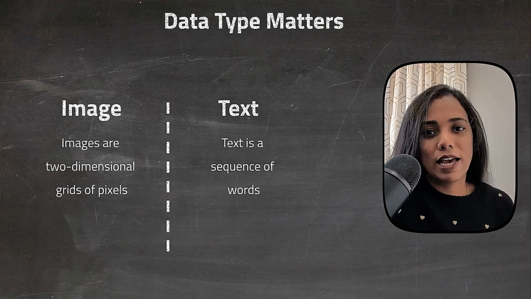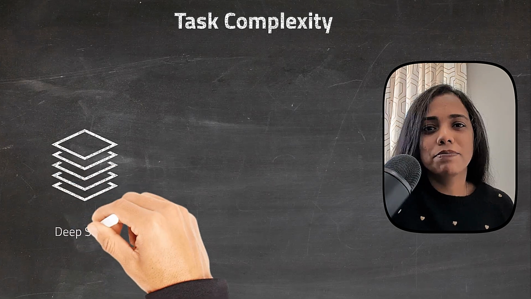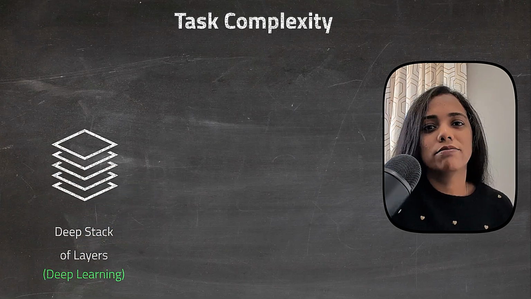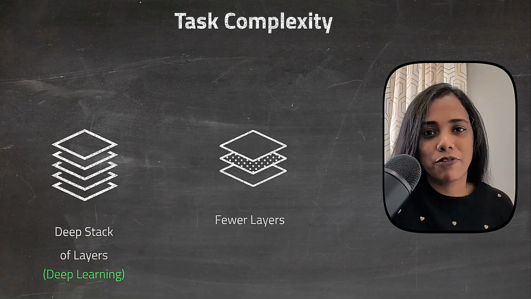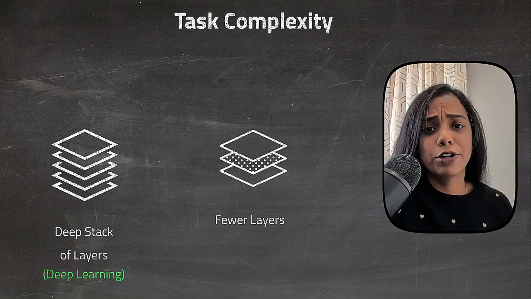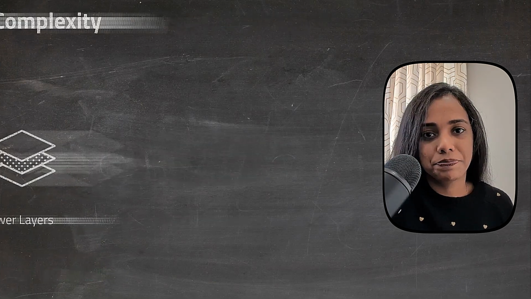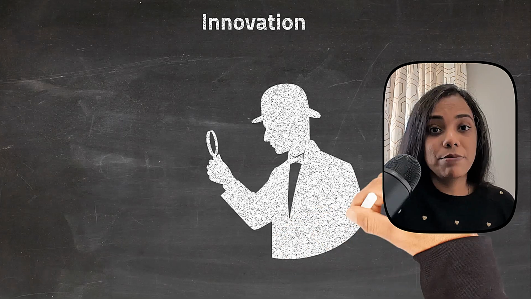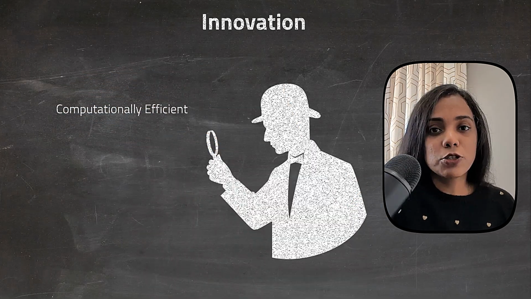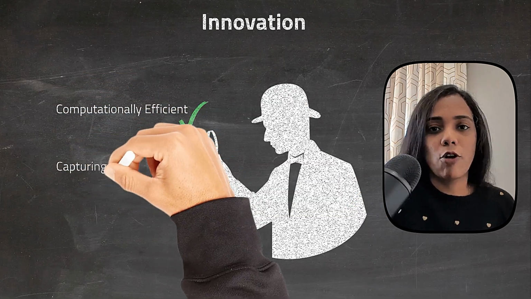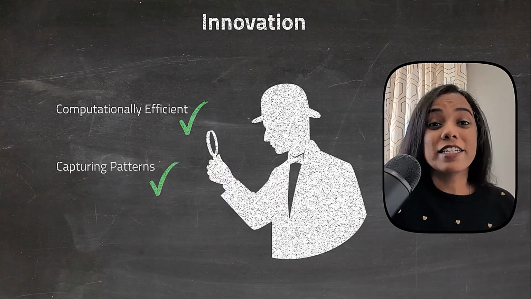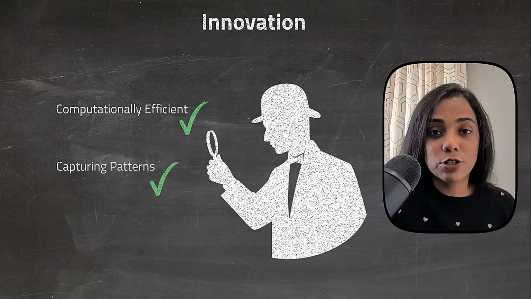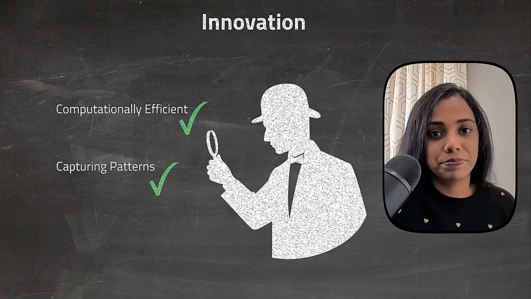And then there is also task complexity, right? Some tasks require a certain type of architecture in order to do a good job, while other tasks are perhaps a little bit simpler and a simpler architecture would do for them. Researchers constantly experiment with new architectures to come up with things that are computationally efficient, that are better at capturing patterns from the dataset, etc.